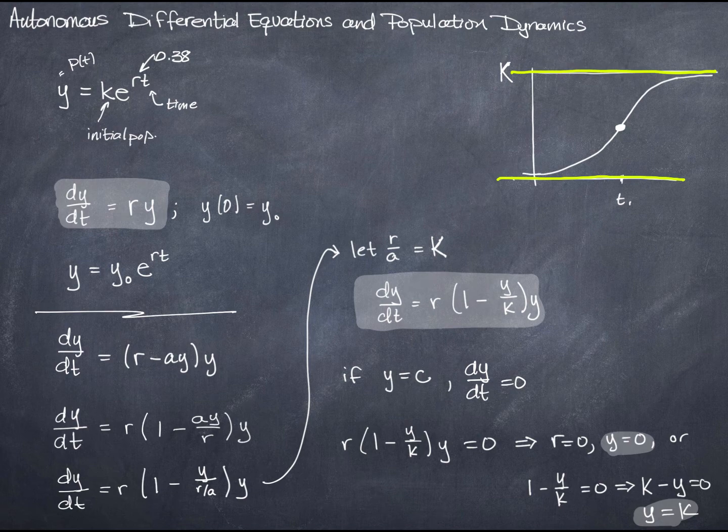Now I have those two lines, and those are the equilibrium solutions. Let me write them down here: y equals 0 and y equals k are the equilibrium solutions.